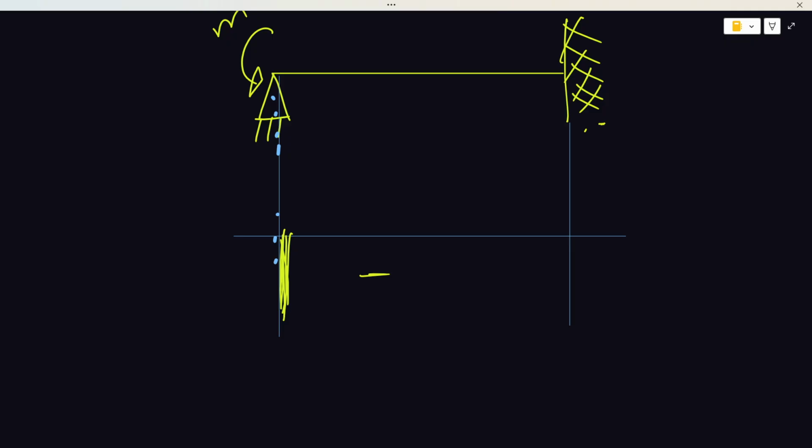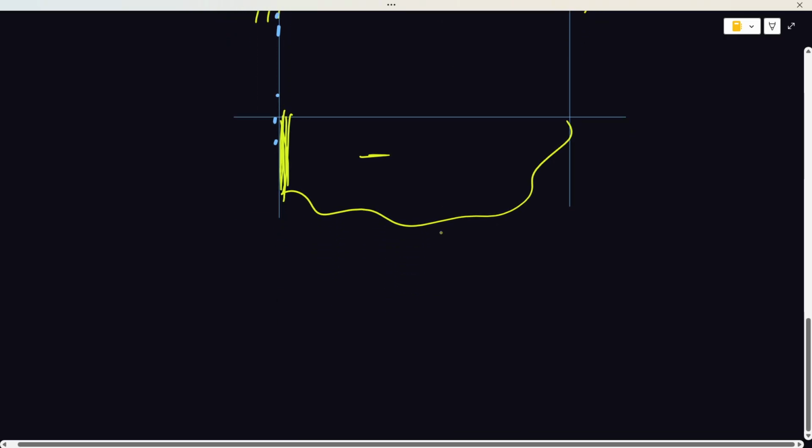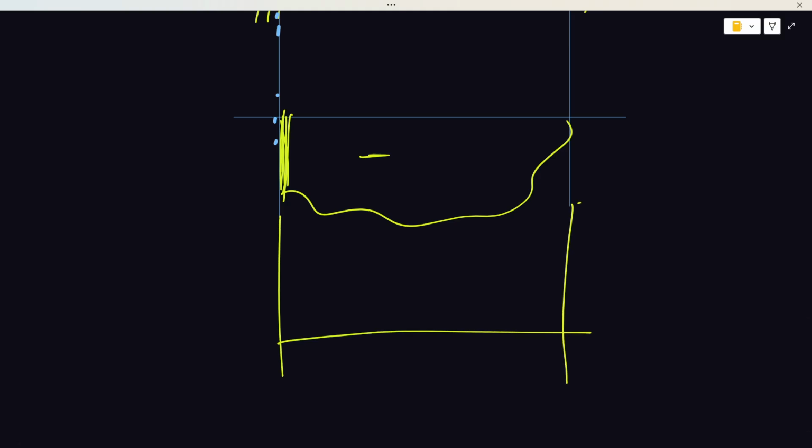Let me use another arbitrary shape. Let's say the bending moment diagram was like this. It means that my elastic curve diagram would be like this. Since this is a negative bending moment, for negative bending moments I have a frowning face. That is, my elastic curve will be like this, a frowning face.